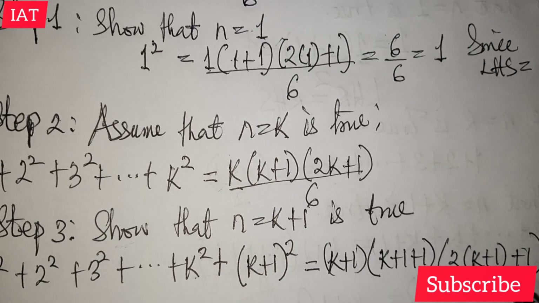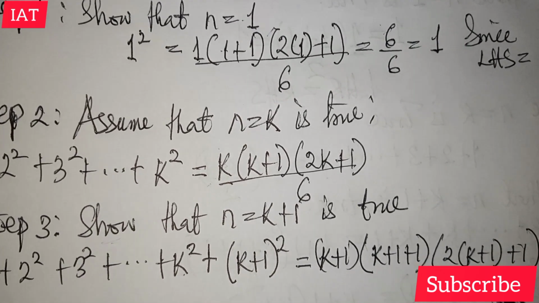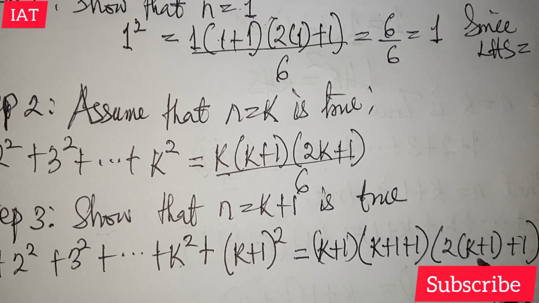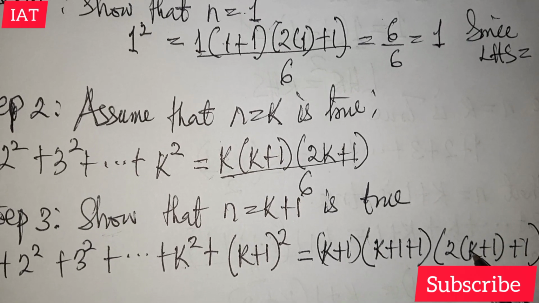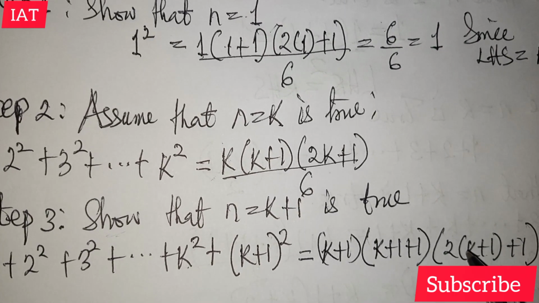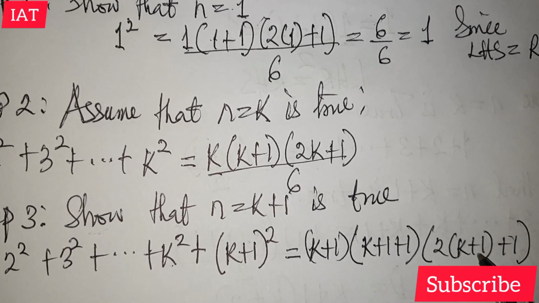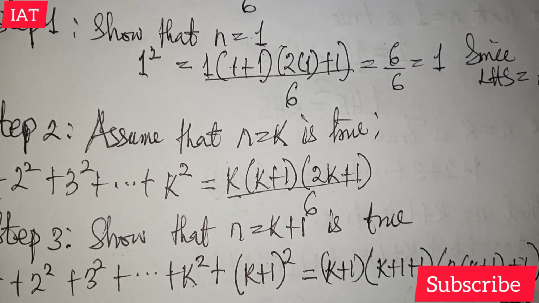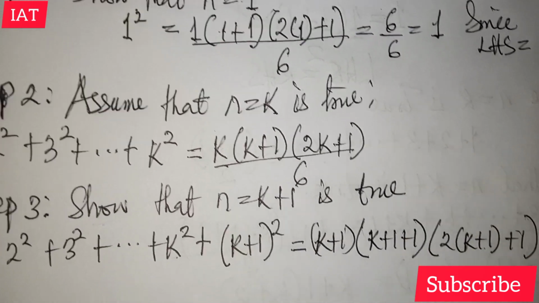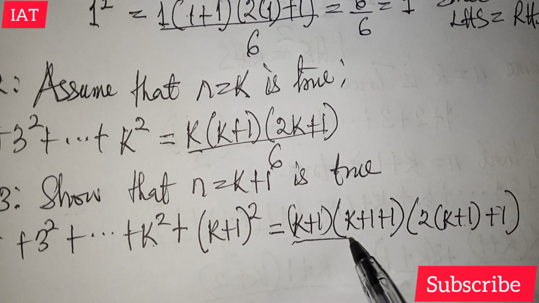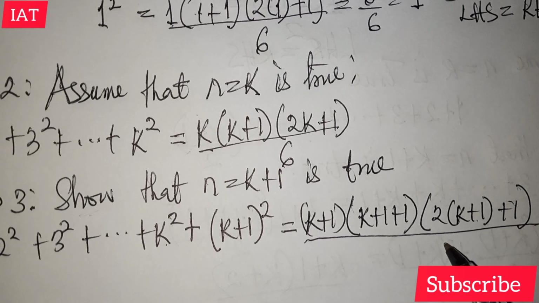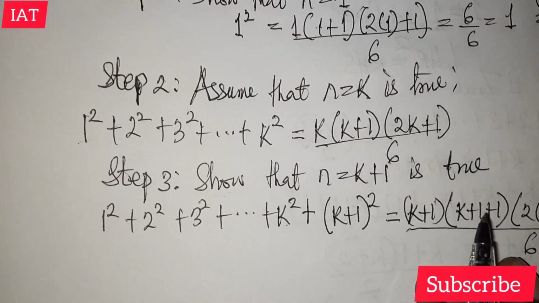The reason you need to close this in a bracket is that the 2 needs to have access to this. If you leave it without brackets, 2 will only influence this k without affecting 1, and that will not be correct. All this will be divided by 6.